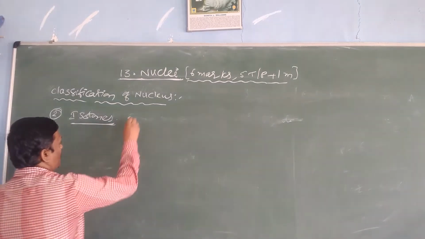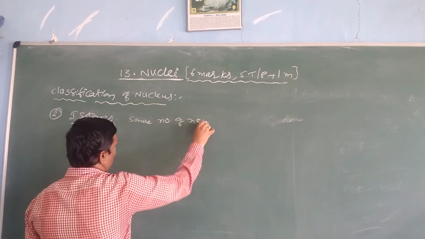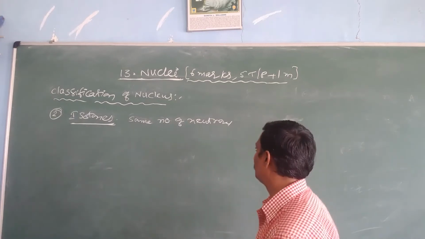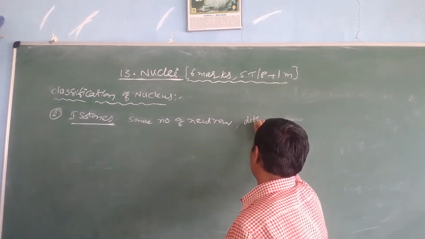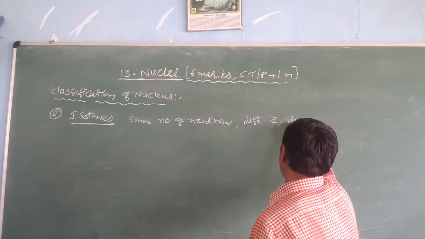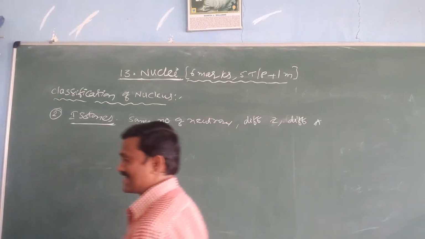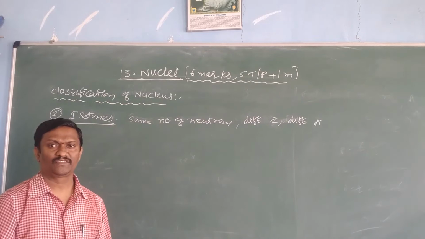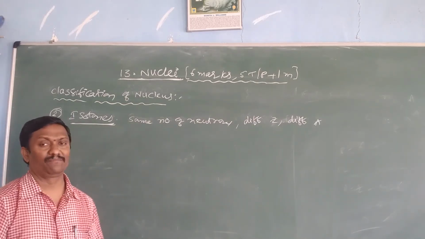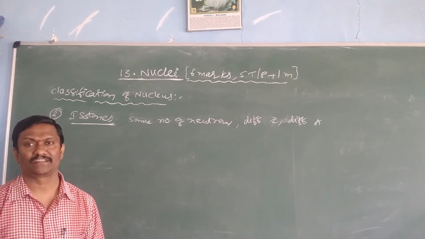The nuclei which have the same number of neutrons, but different atomic number and different mass number, such a classification is called isotones. So in isotones, all the nuclei have the same number of neutrons but different atomic numbers and different mass numbers.